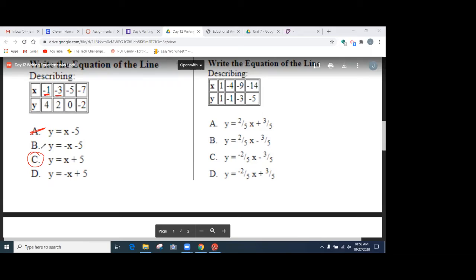Control Divide. There you go. Okay, good, good. And then Control Divide. There you go.